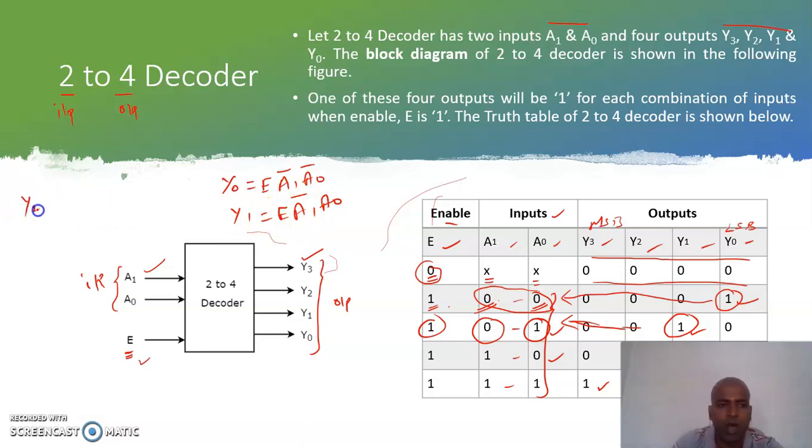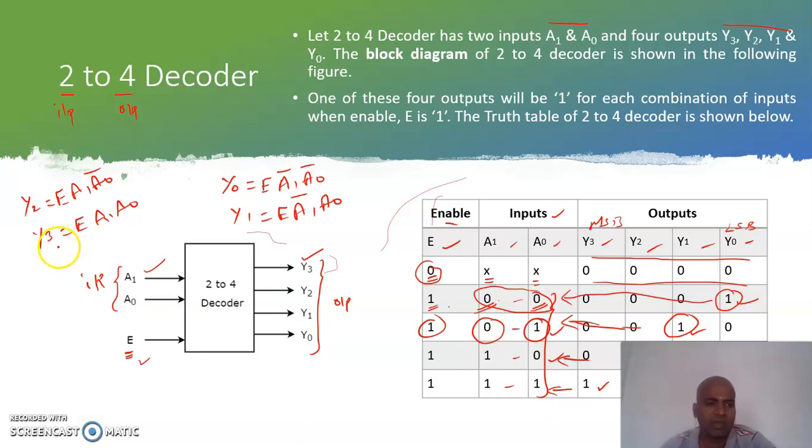Similarly, Y2, the corresponding combinations of inputs, E is equal to 1, A1 is equal to 1 and A0 is equal to 0. Similarly, Y3, the corresponding inputs are, all the three inputs including enable, it is 1. So E, A1, A0. So this is the expression of all the four outputs. Okay.